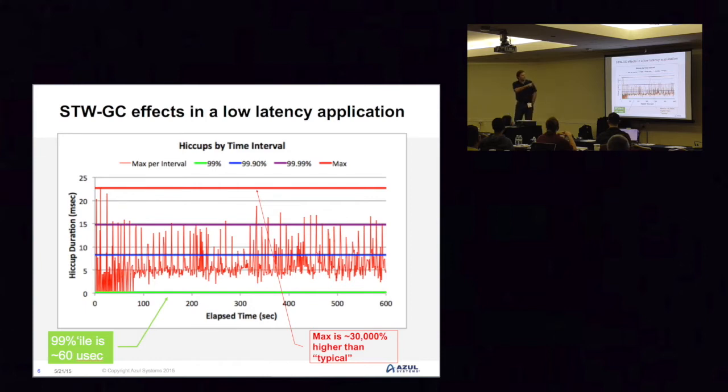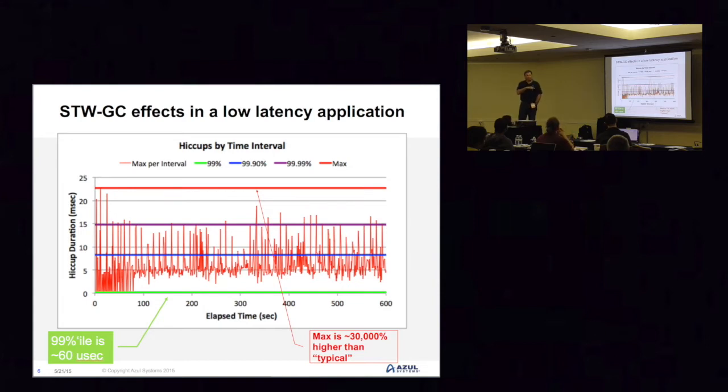The worst case here is the red bar. It's 23 milliseconds. So the worst case is 30,000 times worse than the best case, or the normal, the bulk, 50%, the median case. And these charts happen all the time because garbage collection is not noise. It's a phase change from something is running to where something is not running.